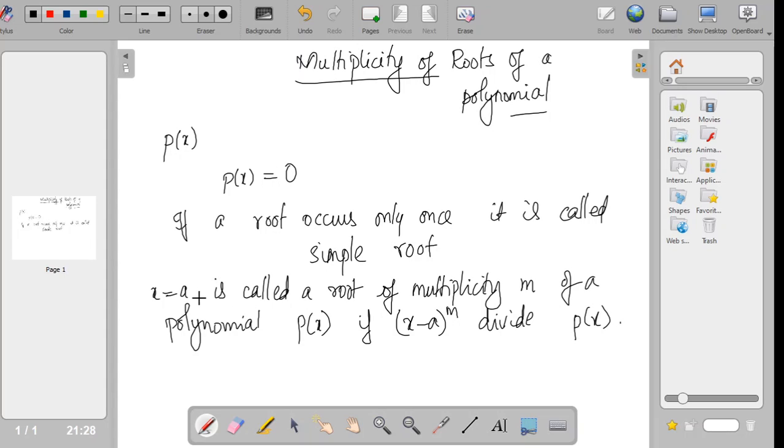So we say that x equal to a is a root of multiplicity m for the polynomial p of x.